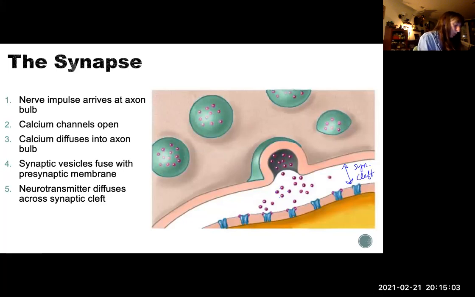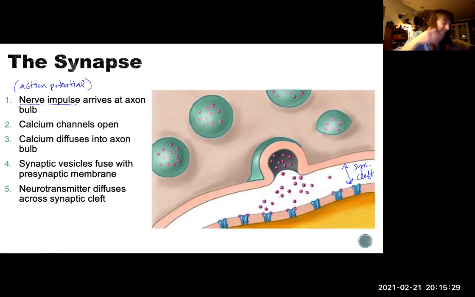Right? How this works is that the nerve impulse that was traveling down the axon, that action potential, reaches that axon terminal or the axon bulb, or the terminal.